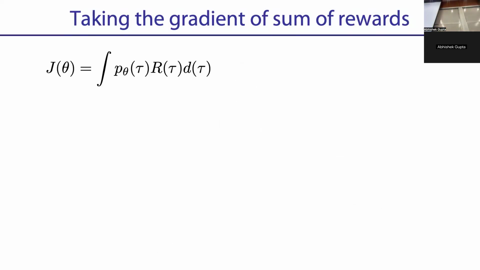So this is going to be our problem. J theta is the expected sum of rewards. When I act according to a policy p theta, this is the likelihood of sampling a trajectory, and this is the reward of any trajectory. So I'm going to take the expectation, the integral of p theta tau, r tau. Now we're going to try and compute the gradient of this objective.